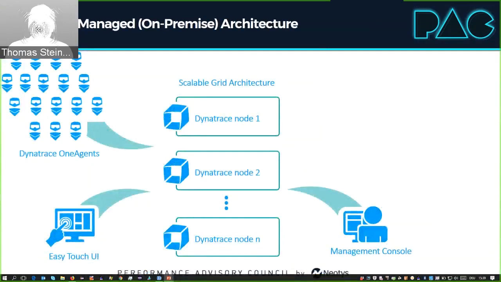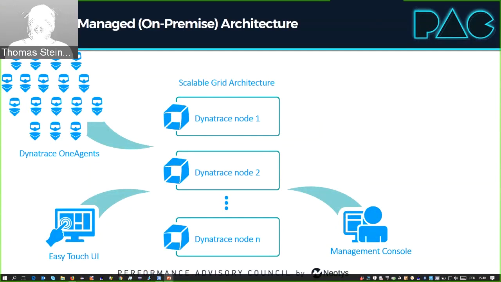So if we have a quick look at the architecture, what you see here is the Dynatrace Managed architecture, the second flavor from the previous slide. We have a scalable grid architecture with one to many nodes we can spin up for a Dynatrace Managed cluster.